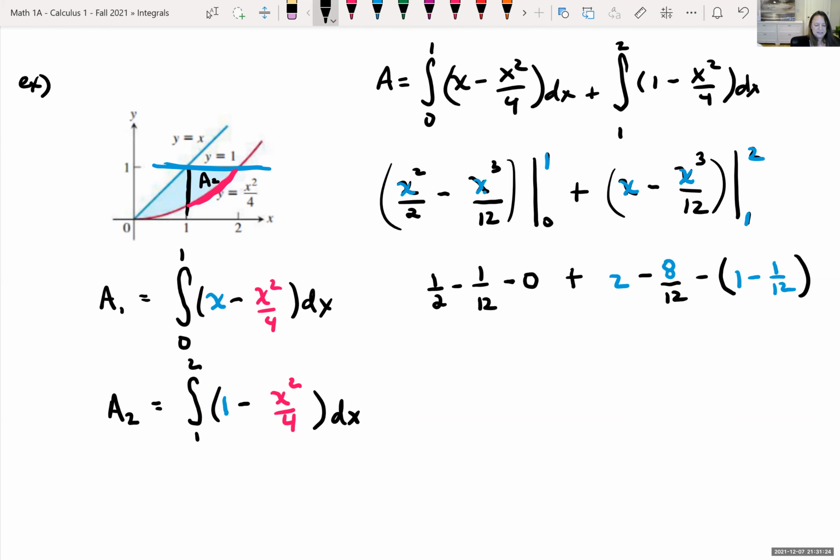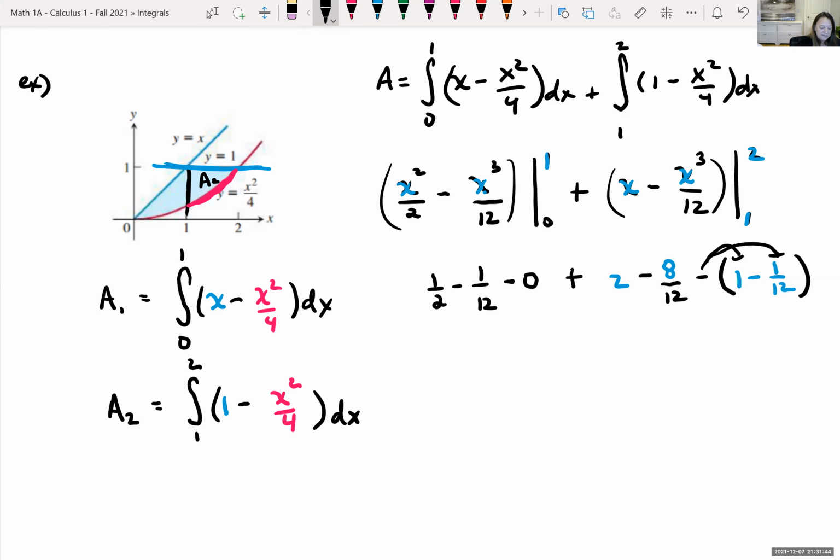So we need to simplify this. Let's just distribute this negative. I know we're going to need a common denominator. We have 12 in there already. Let's just make everything a denominator of 12.